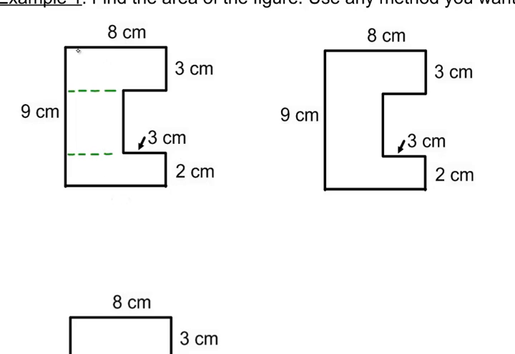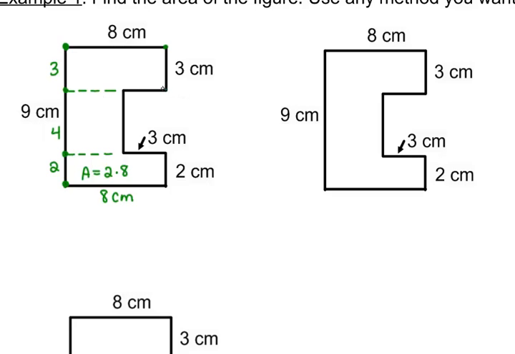And we know that since this distance is 8 centimeters, since it is up here, we could say that the area of this little piece is equal to 2 times 8. This distance from here to here is 9, but we know that this is 2. We know that from here to here is 3. So that means 9 minus 3 is 6, minus 2 is 4, so this is 4.